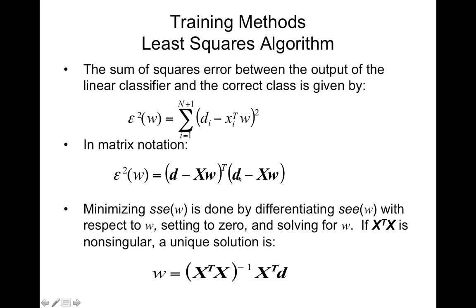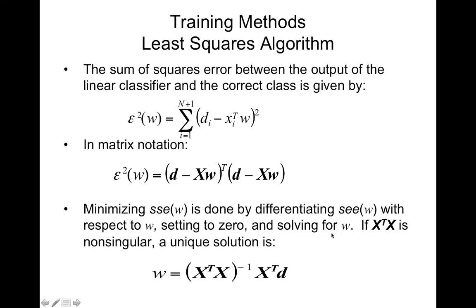So remember, matrix multiplication gives you a sum of rows and columns. So by doing the transpose matrix times itself, we're giving you this sum. So in order to minimize the sum square error, you basically differentiate it with respect to w, the weights, set it equal to 0, and solve for w. So what we're doing there is really taking the derivative, and then we're setting the derivative equal to 0 in order to find a local minimum.